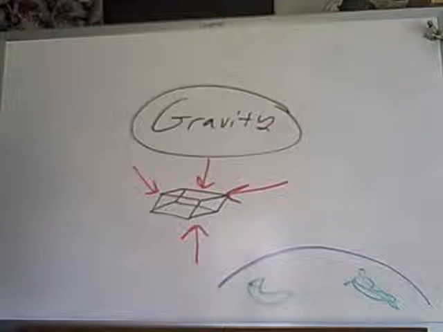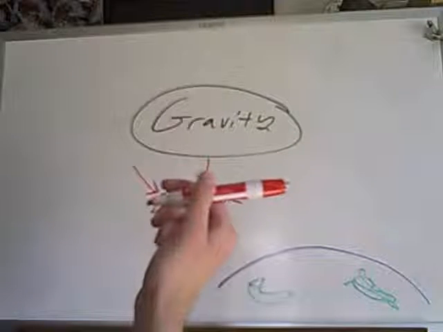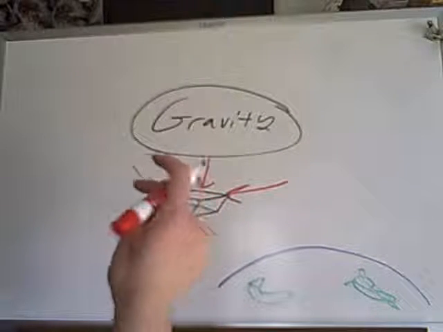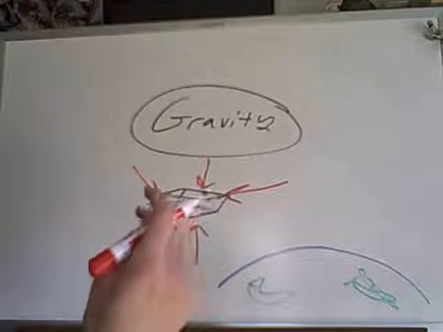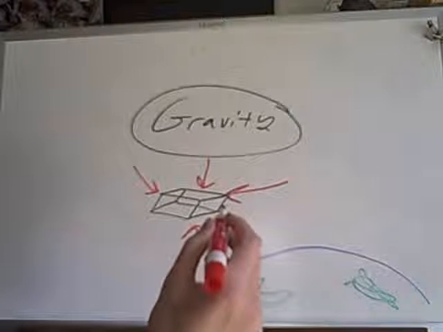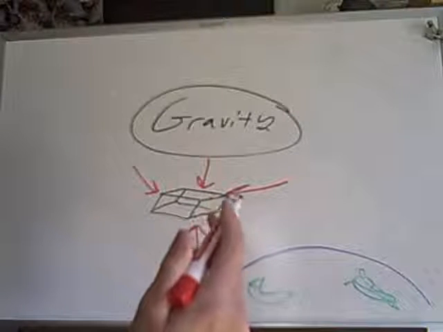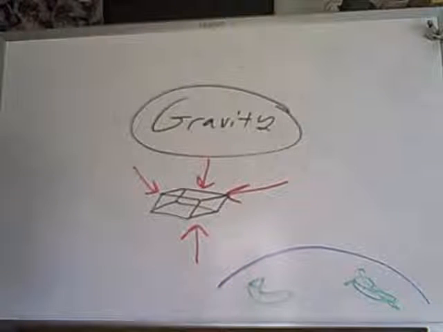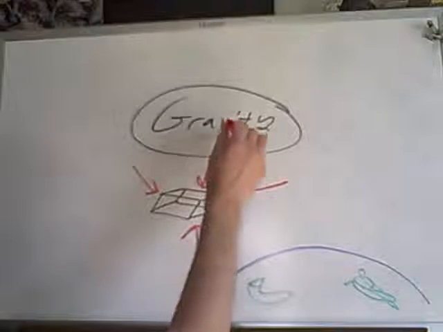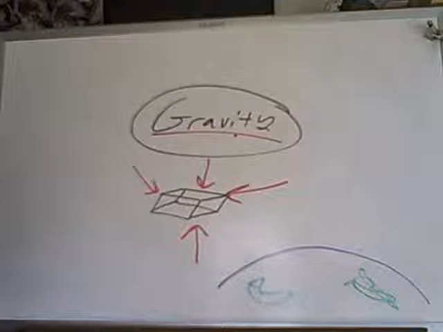But something small like this marker, it still has gravity. But the marker is so small that the gravity that it has is very, very, very small. And we don't even see it or feel it. That's how small it is. It's almost like it's not even there because it is so small. But all objects, anything that exists, has some form of gravity. Okay? Does that make sense?